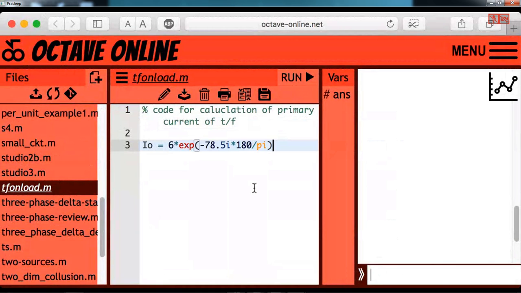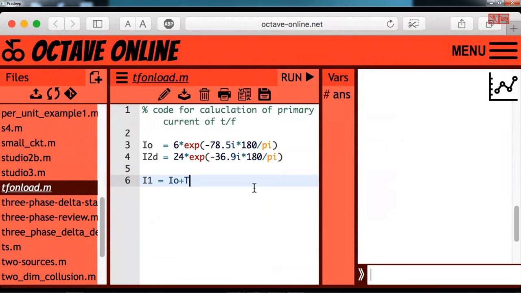This is the definition of I naught. And then what is I2 dash? I2 dash is 24 into exponent of minus 36.9 degrees I into pi by 180. Then I can calculate I1: I1 is nothing but I naught plus I2 dash.